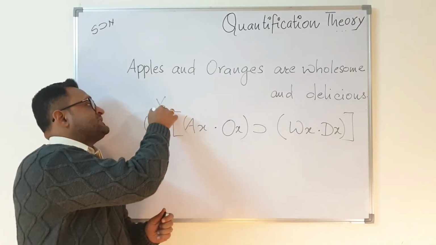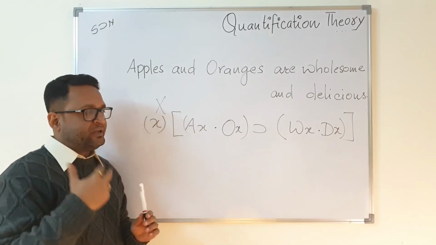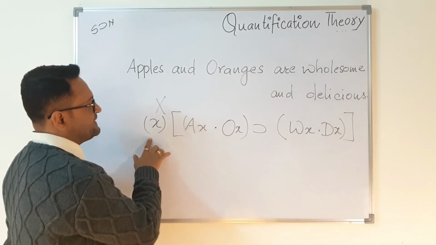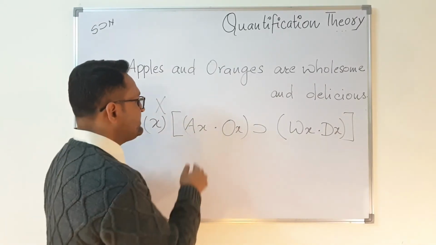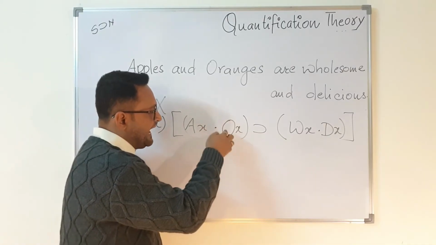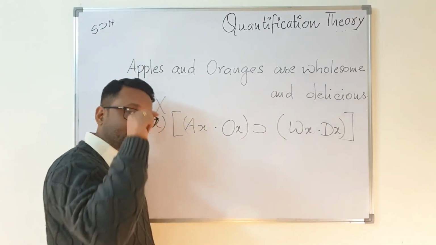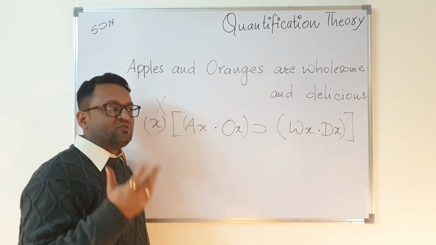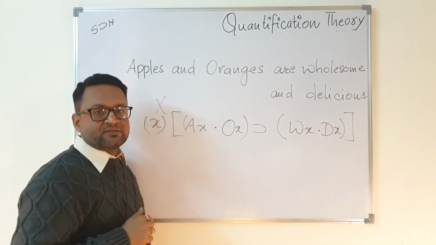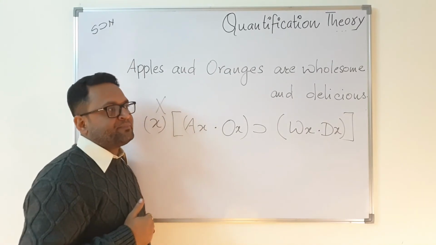This is an incorrect symbolization. Why? Because if you read this, it says for all x, if x is an apple and x is an orange. Now what does it mean? It means that x has to be an apple and also has to be an orange. And as you know, no apples are oranges or no oranges are apples, right? They belong to two different fruit categories, right?